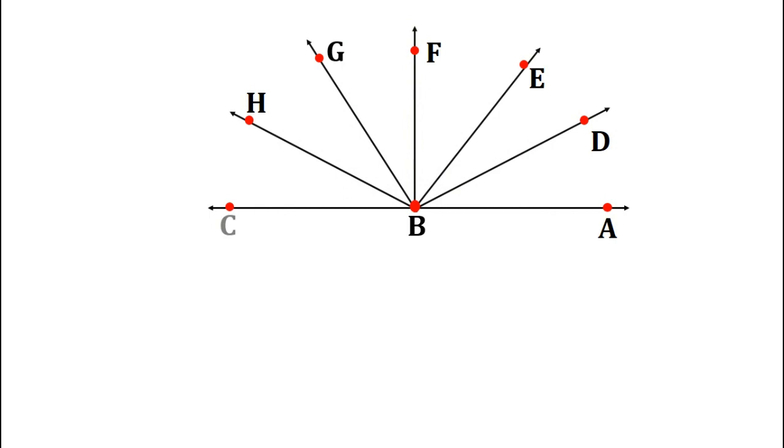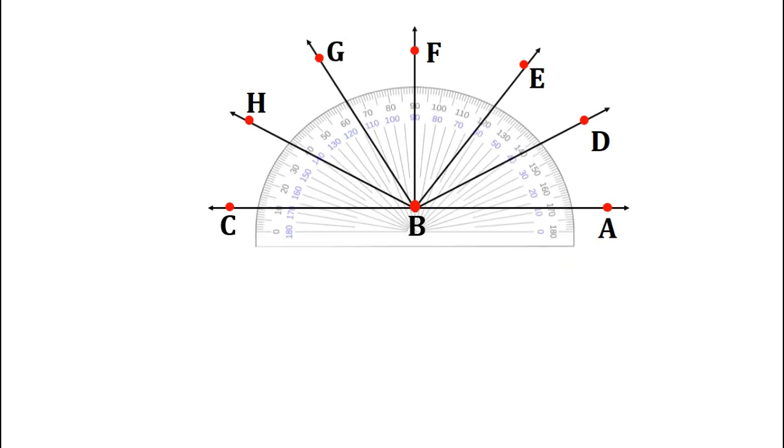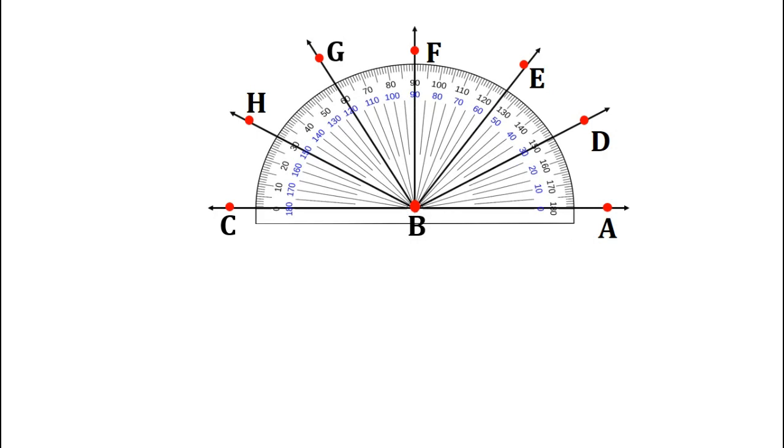Now we will measure the third angle, which is angle CBG. We follow the first step where we will place the protractor on angle CBG such that its central point lies on vertex B and the arm CB or BC coincides with the baseline of the protractor.